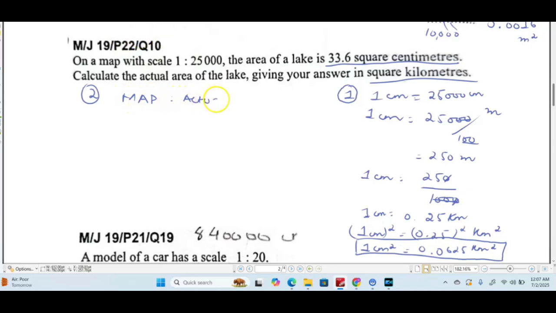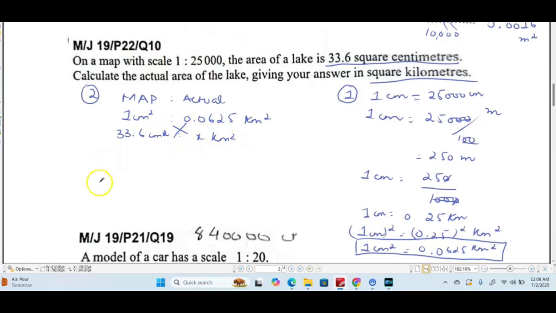Okay, so now we know that 1 centimeter square on the map is equal to 0.0625 kilometer square in reality, and 33.6 centimeter squares would be equal to x kilometer squares.